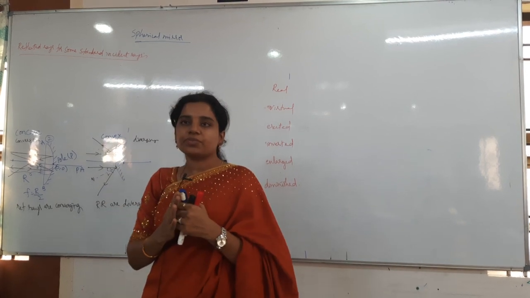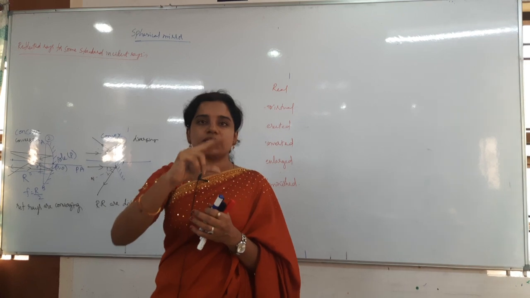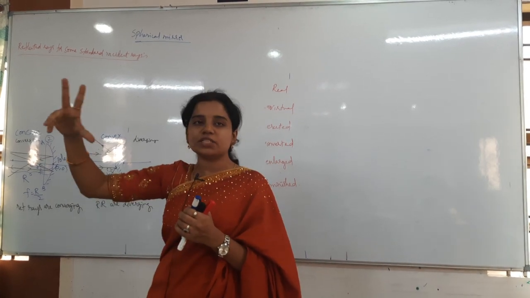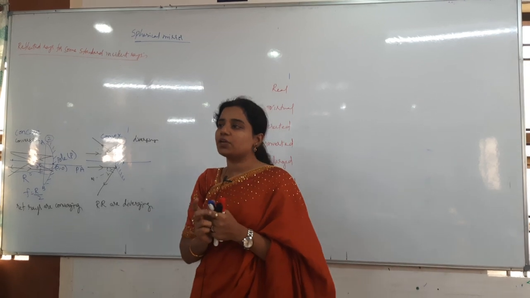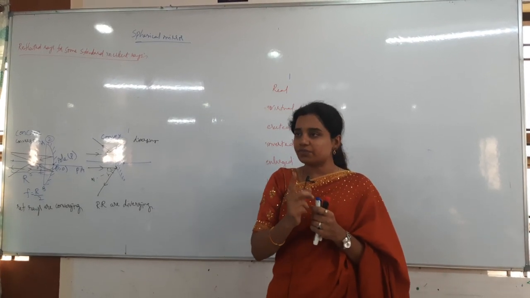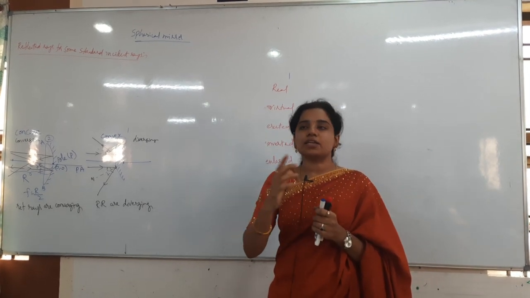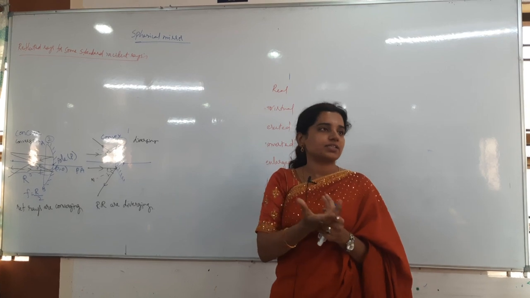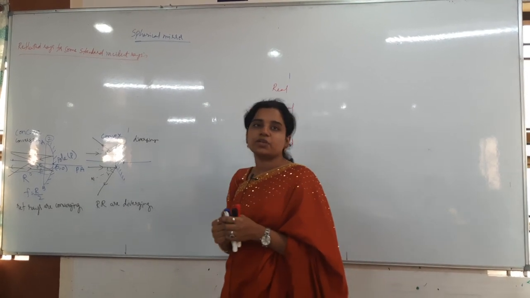Enlarged is a larger image for a smaller object, diminished is a smaller image for a larger object. Real image is formed by the real reflected rays, virtual image by the extended rays.